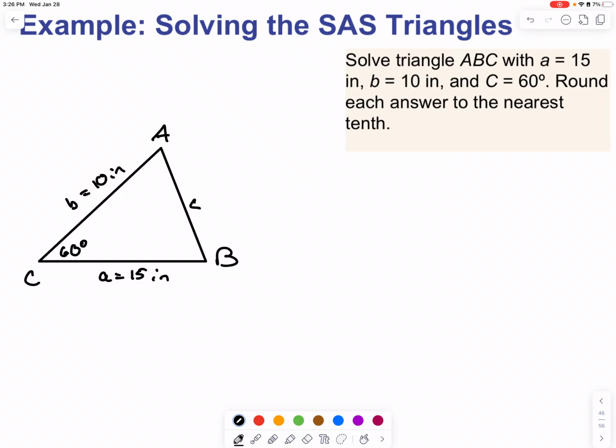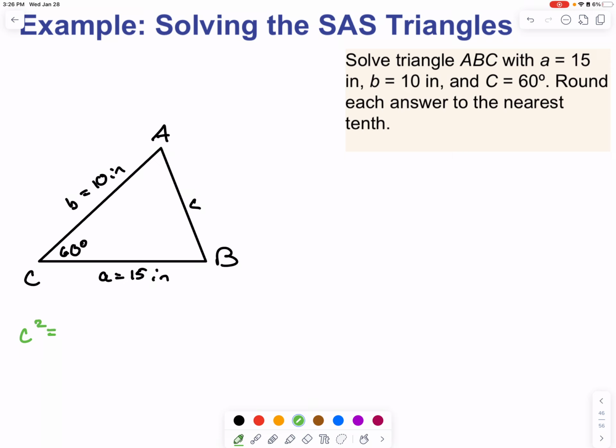Now if we try to do the law of sines, because of the orientation, we don't have enough information to use the law of sines. So let's use the law of cosines and solve for side C. If we're using the law of cosines, that should be what?